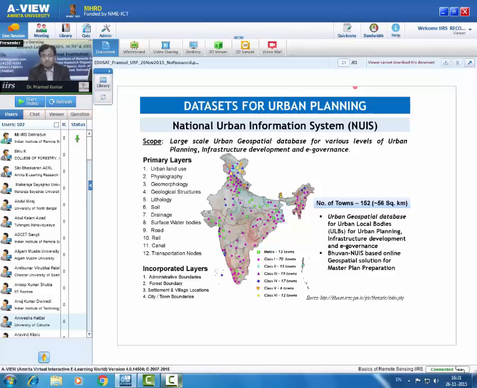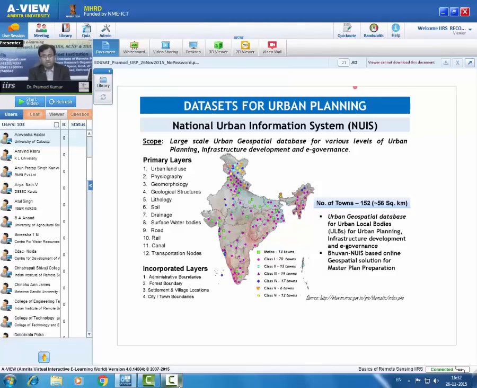For example, the Department of Space, in coordination with the Ministry of Urban Development, has contributed a program, the National Urban Information System, where a large scale urban geospatial database for various levels of urban planning, infrastructure development and e-governance has been given scope.